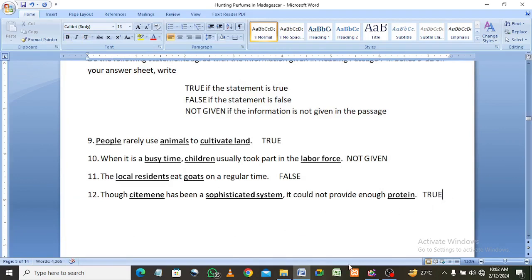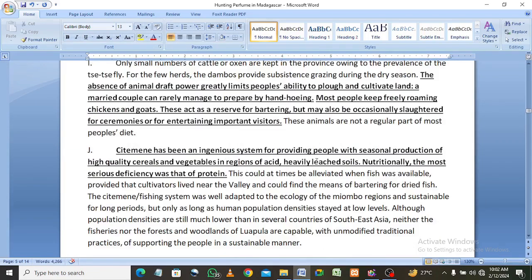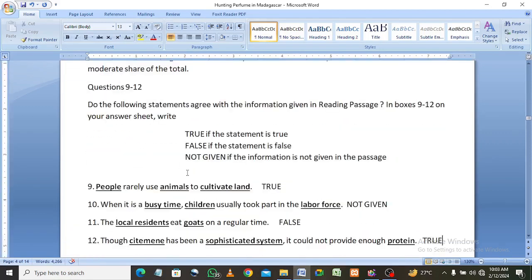Why is it true? Because in the passage they said it has a serious deficiency. What do we mean by deficiency? Deficiency means it does not provide protein. So that's why the answer here is true.